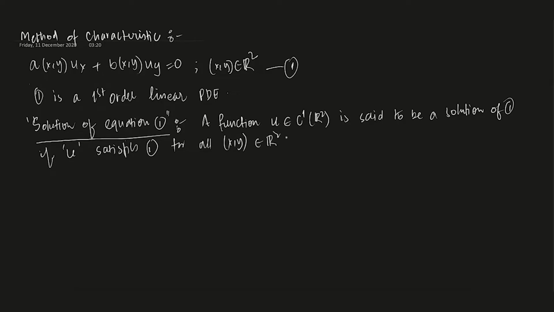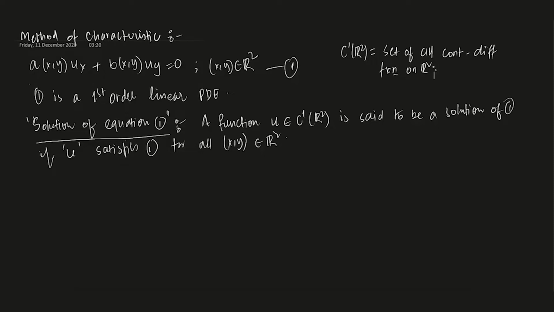So first of all, you have to give the address of the function. The address is C1 of R2. If you remember, C1 of R2 is the set of all continuously differentiable functions on R2.